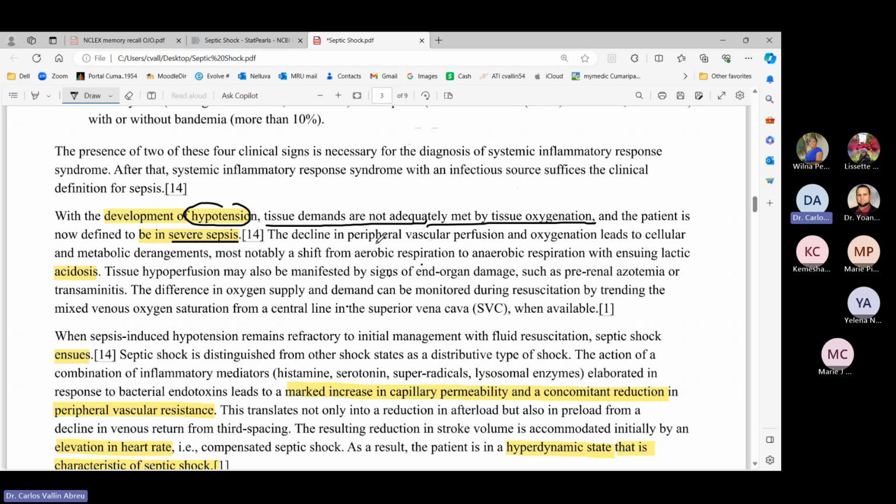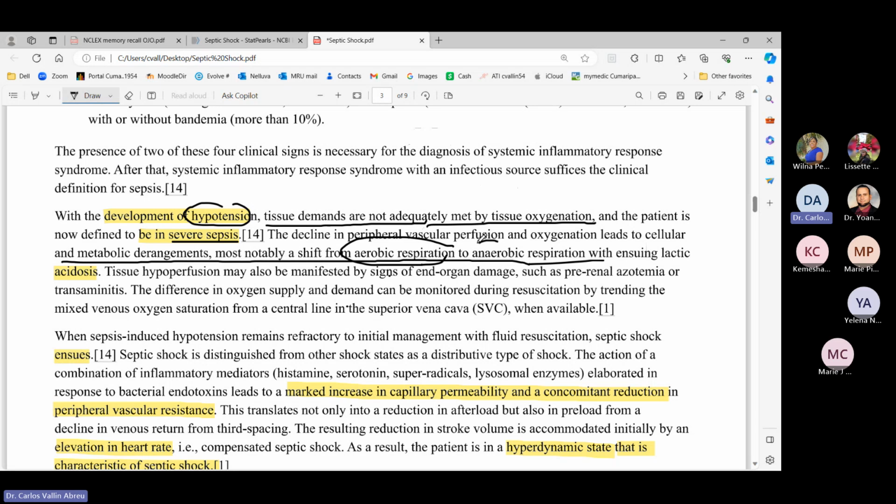The decline in peripheral vascular perfusion oxygenation leads to cellular and metabolic derangement, most notably a shift from aerobic to anaerobic respiration. Remember, aerobic metabolism is the fact that we are in this moment burning glucose in all the cells of our body in presence of oxygen, and we are producing ATP.